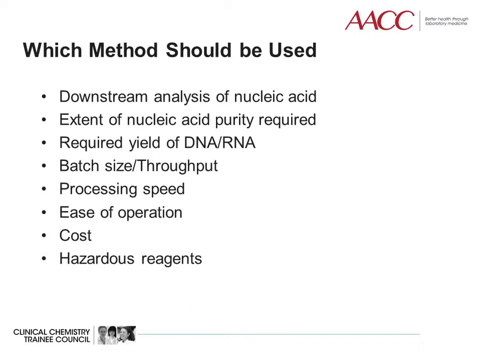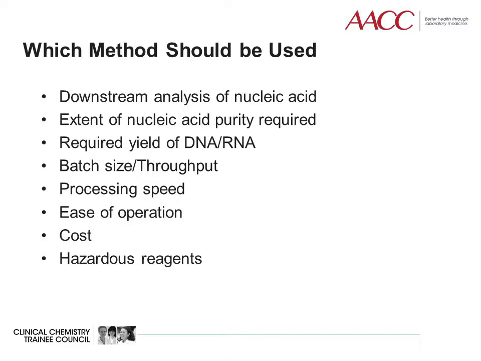There are many different methods for nucleic acid extraction, and here we have listed some of the most critical factors in order to help choose a method. The most important factor is what downstream molecular tests will be run with the nucleic acid, since some tests require higher purity nucleic acid. The desired sensitivity is also important so that the volume and method used give results in the desired range.